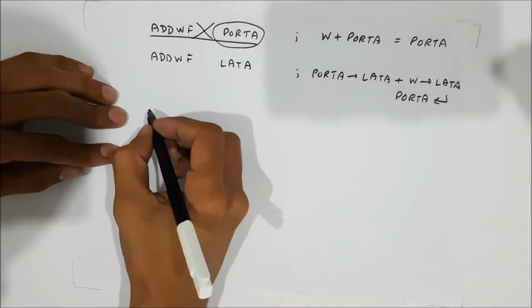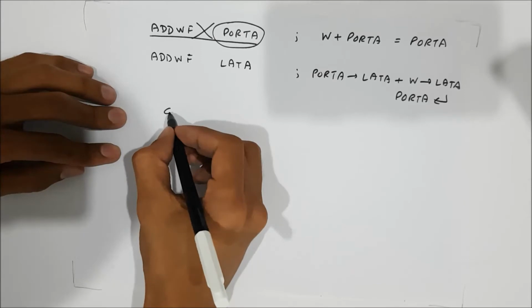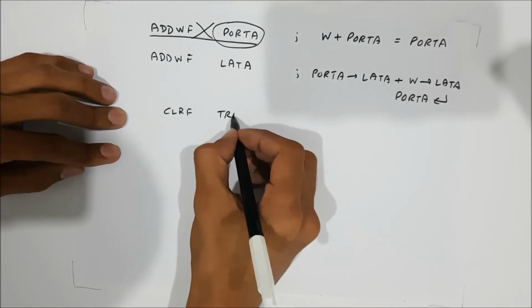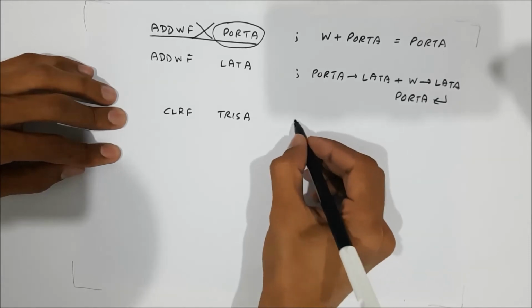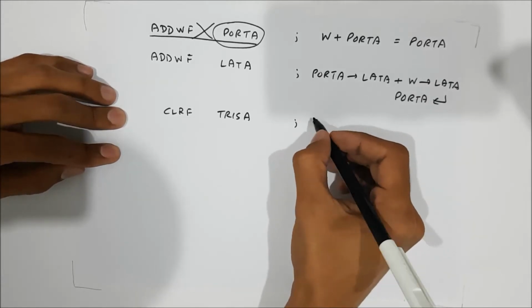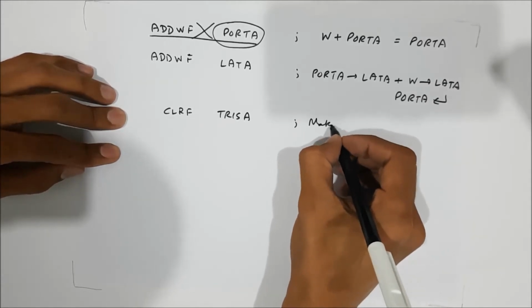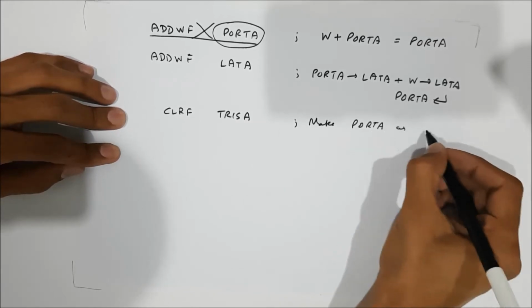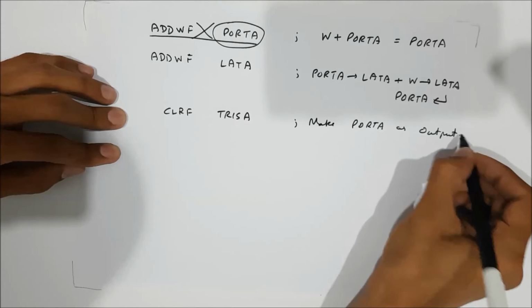The simplest example we can write is CLRF TRISA. What this will do is, this will make port A as output.